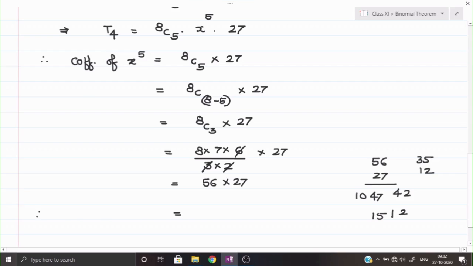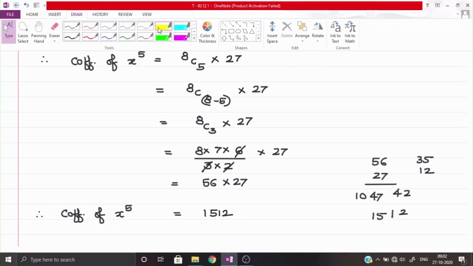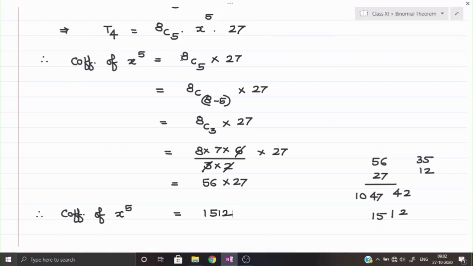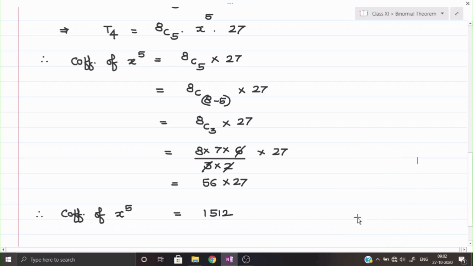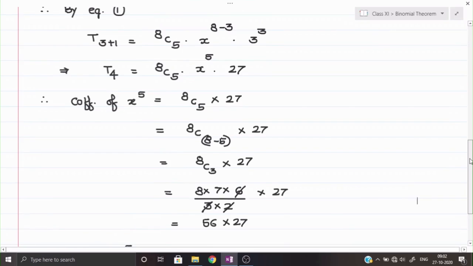So we can see here therefore the coefficient of x to the power 5 is 1512. Okay, if you want to check, you can expand it and you can check it, no problem. So that is your choice. However, this answer is 100% correct, I suppose, if any calculation mistake is not done.